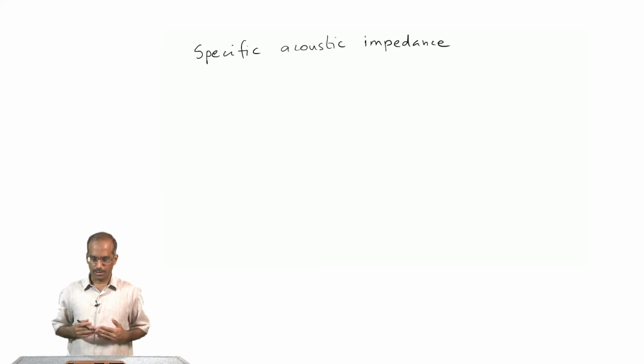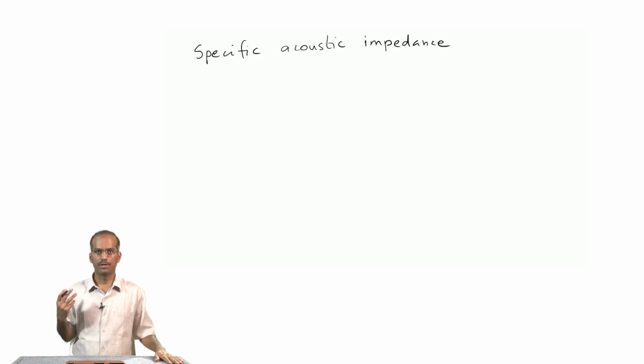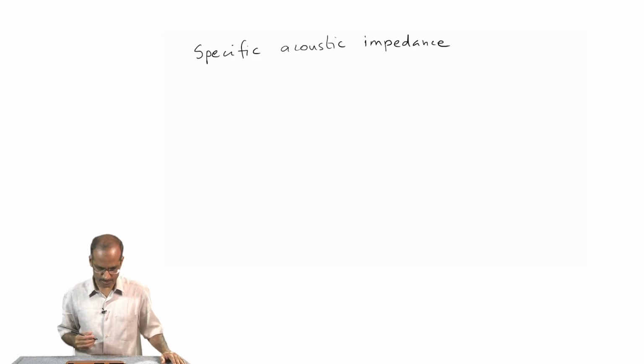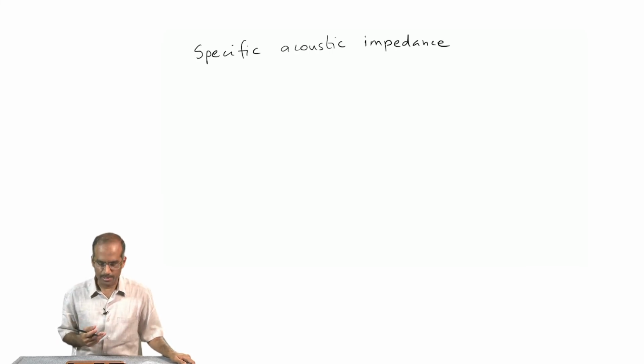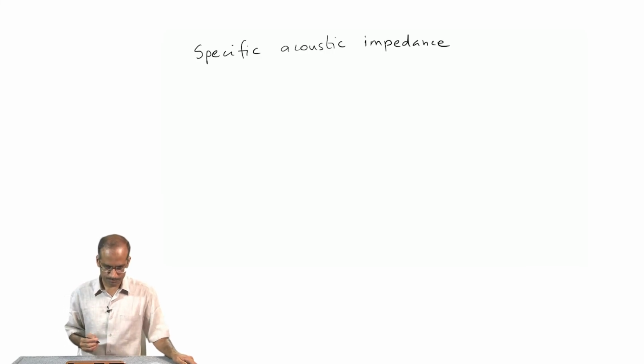So, this acoustic impedance is simply a measure of how much it opposes it, and the specific acoustic impedance is simply the acoustic impedance per unit volume.